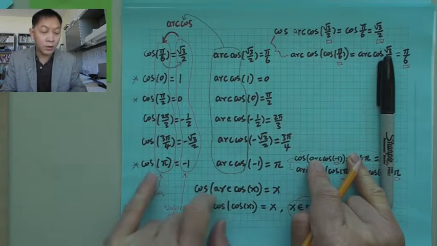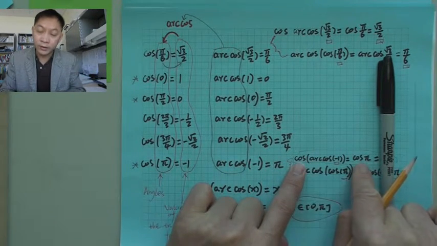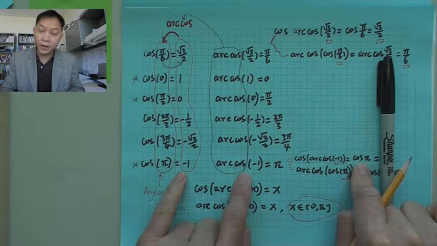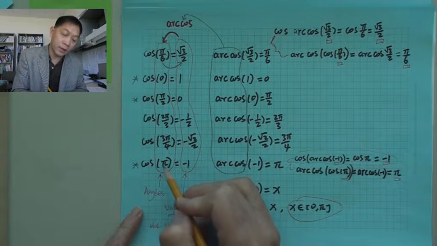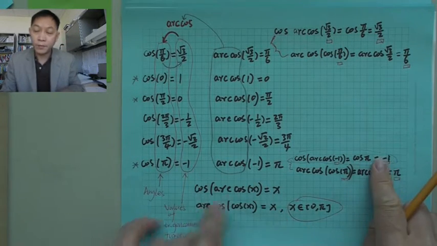Then you act cosine on that on both sides, and it goes back. It's basically from here to here and then from here to the same value.